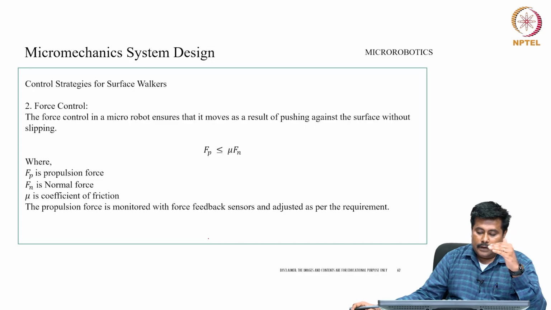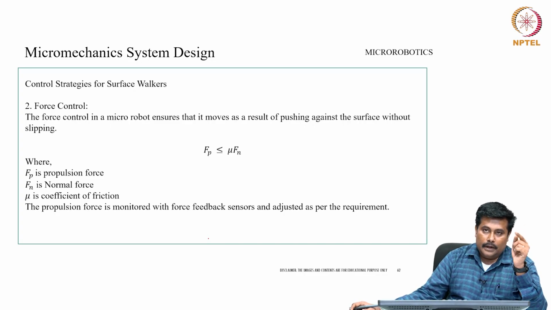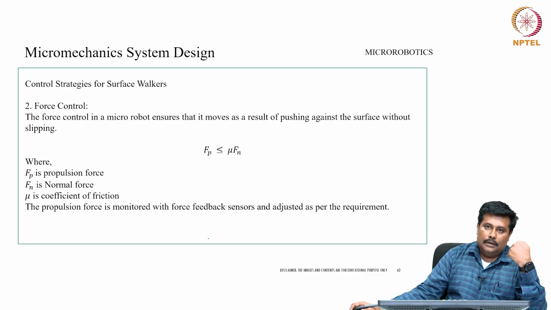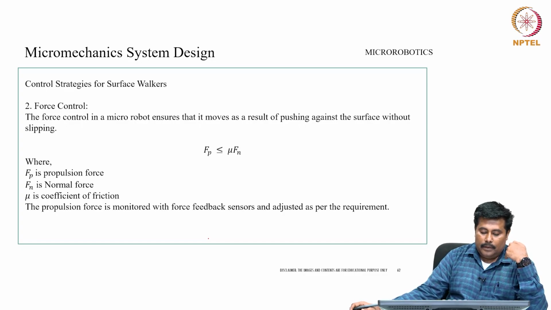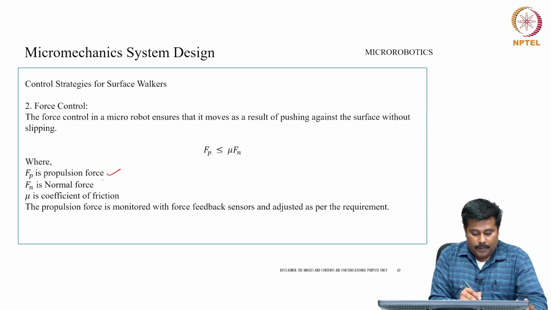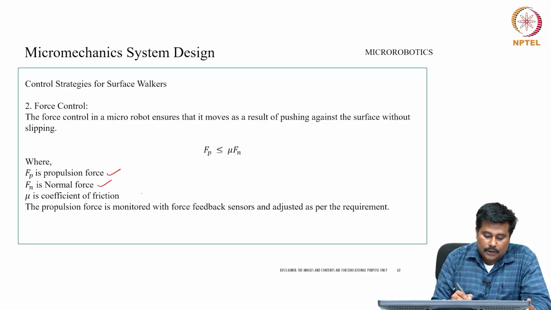Now, let us consider the force control, whereas the earlier one was the PID control. Force control in a micro robot ensures that it moves as a result of pushing against the surface without slipping. So, in this case, we need to consider the propulsion force, the normal force, and the coefficient of friction.